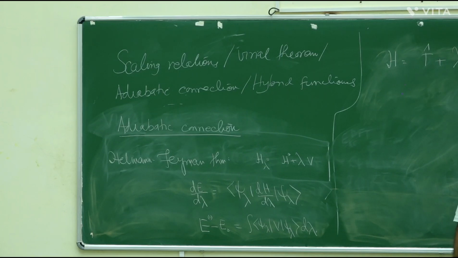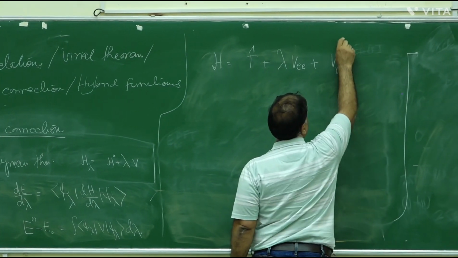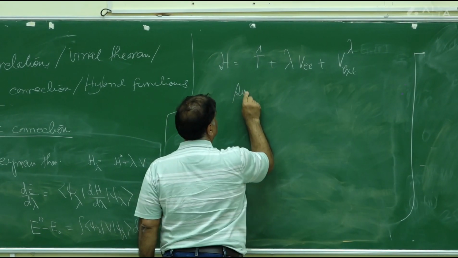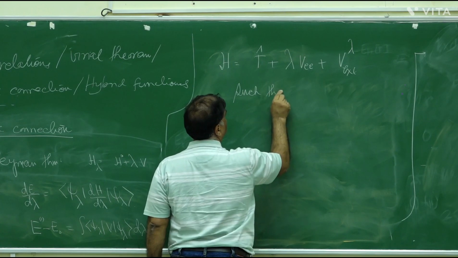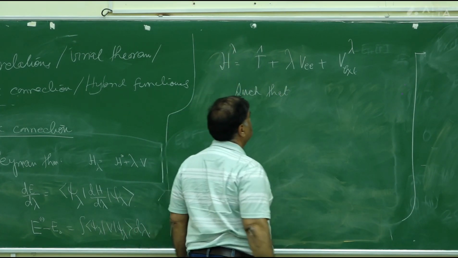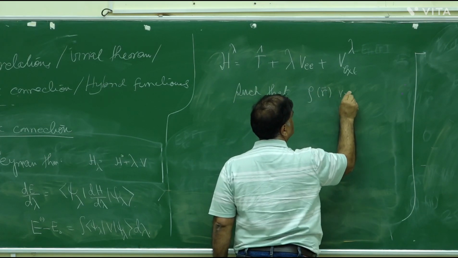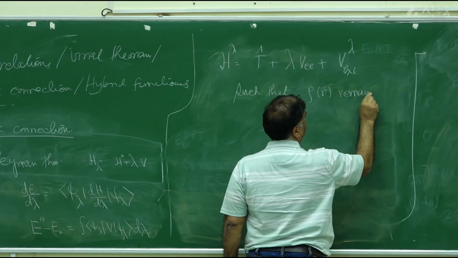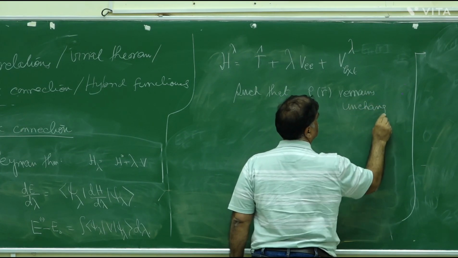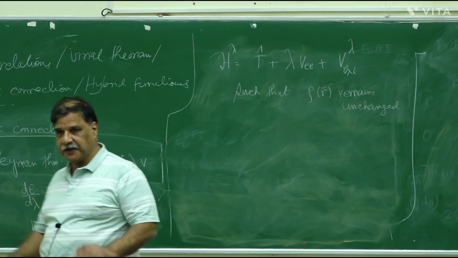And correspondingly, I also change the external potential V_ext lambda such that the density, which I call rho_lambda(r), remains unchanged. Right, is the idea clear?